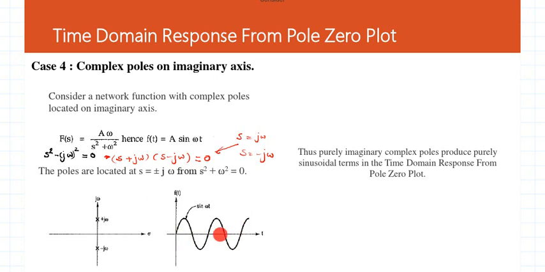So the output is a sinusoidal output. Thus, purely imaginary complex poles produce purely sinusoidal terms in the time domain response from the pole zero plot. So if we have two poles on the imaginary axis, it corresponds to a sinusoidal term in the time domain response.